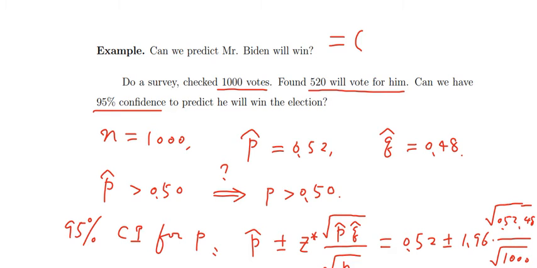So here just some calculation: equal 0.52 minus 1.96 multiplied by the square root of 0.52 times 0.48, divided by the square root of 1000.